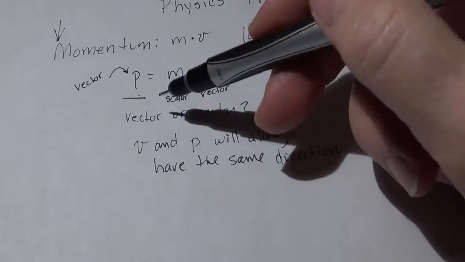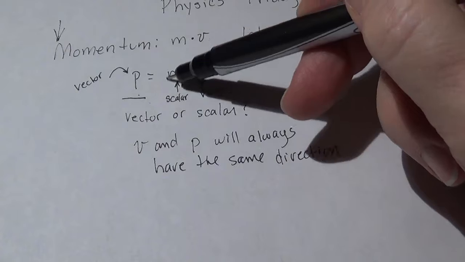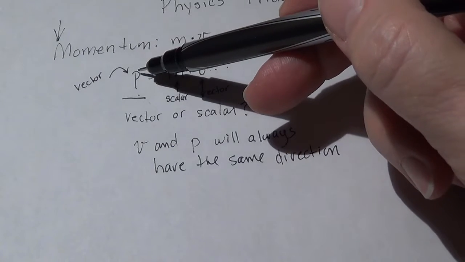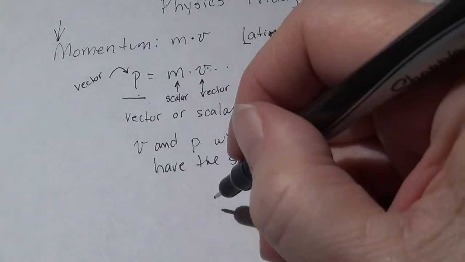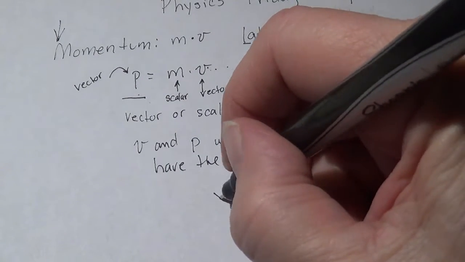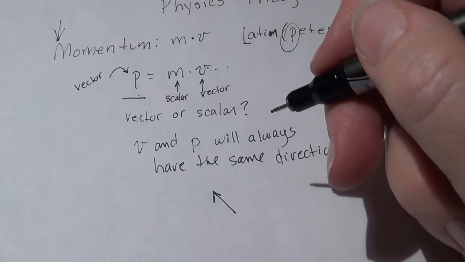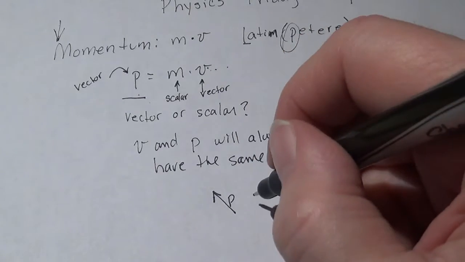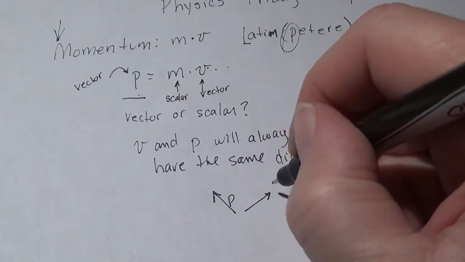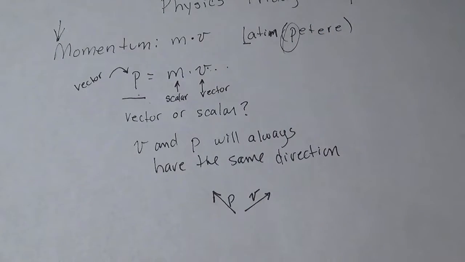All right, and that you can see from the equation. We have these sides equal. Mass doesn't have a direction, so we're going to have to match the direction of these two. So if I drew a scenario like this, say this is a momentum, and this is velocity.